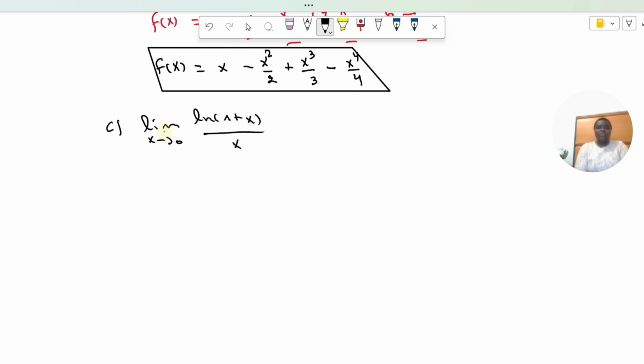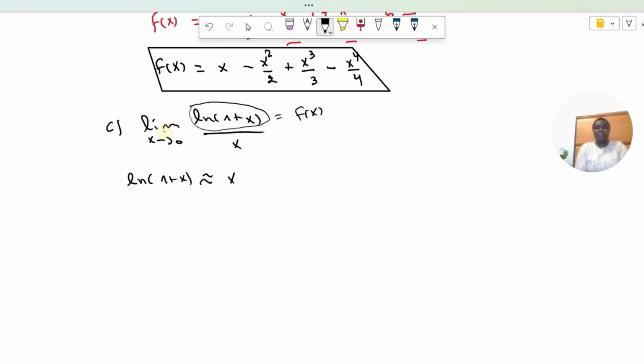All what we know is that this function in the numerator, ln of 1 plus x, was our function f of x, and we already know its Taylor expression, so we can replace its approximation. So we can consider ln of 1 plus x to be approximately equal to this Taylor expression that we have computed.